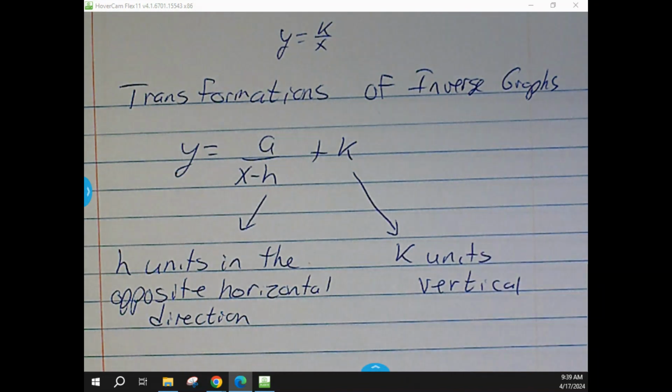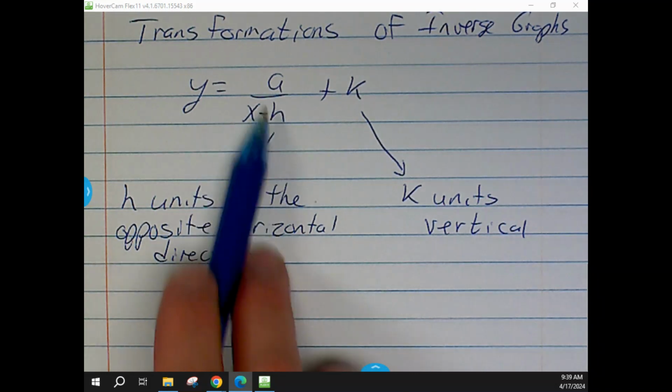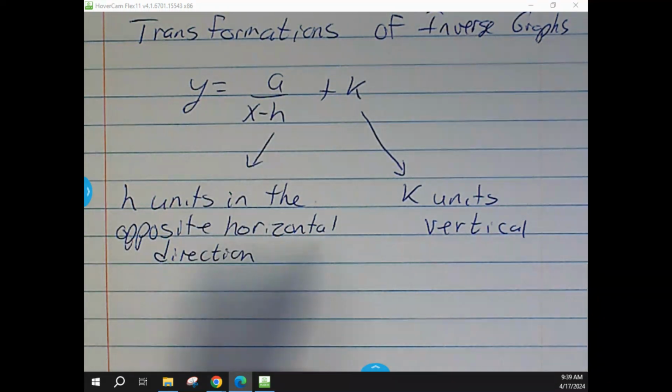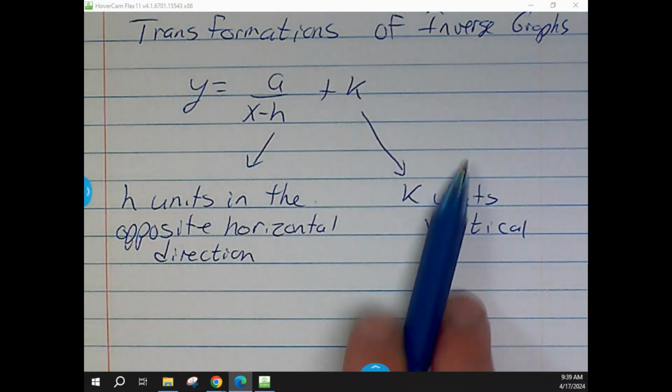Just like when we did quadratics way back when, the number on the inside of the parentheses told us how much to go left and right in the opposite direction, and the number on the outside told us how much to move up and down. The only difference with inverse graphs is that now it's the denominator. Whatever number you have in the denominator is how much you're going to move in the opposite horizontal direction. Whatever number is outside of the denominator is your vertical direction.